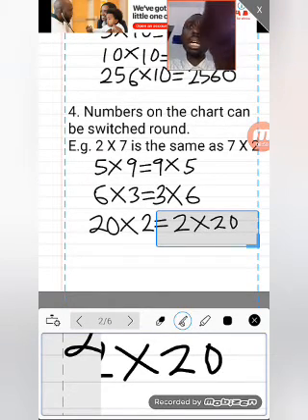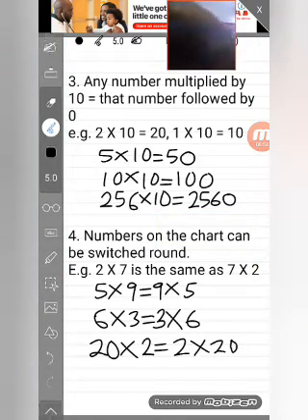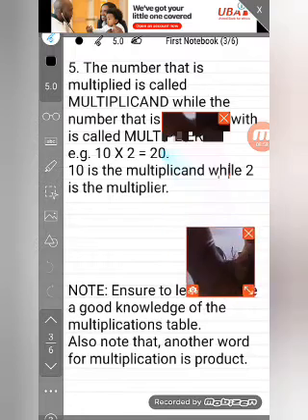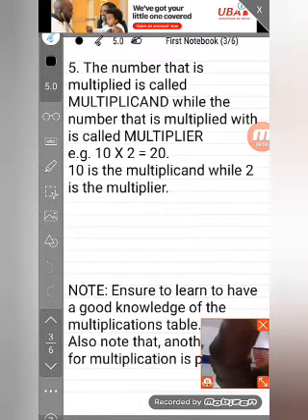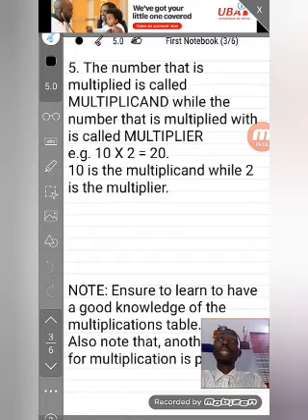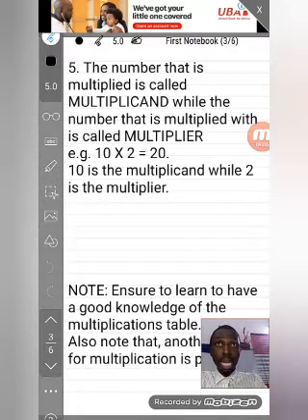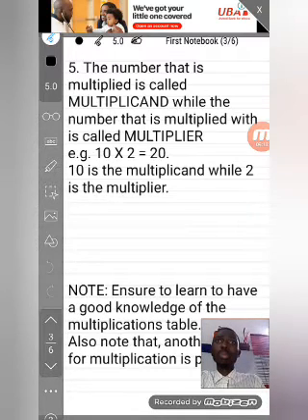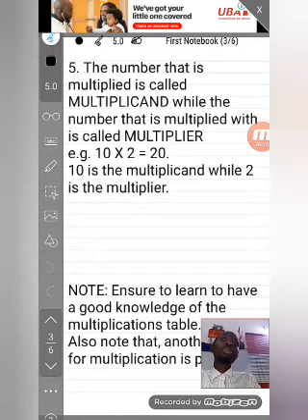So let's look at another multiplication fact quickly. Another multiplication fact, which is the last one, is that the number that is multiplied is called the multiplicand, while the number that is multiplied with is called the multiplier.